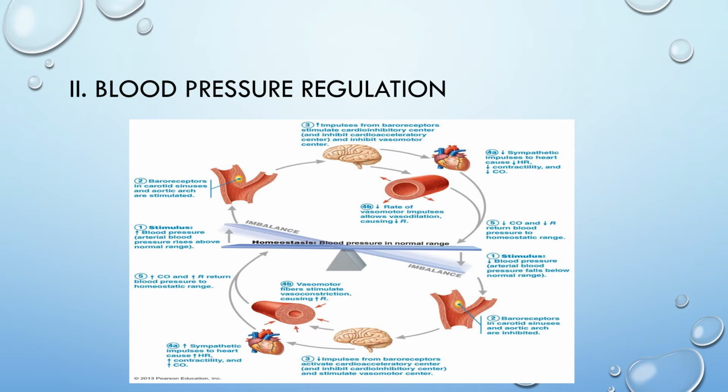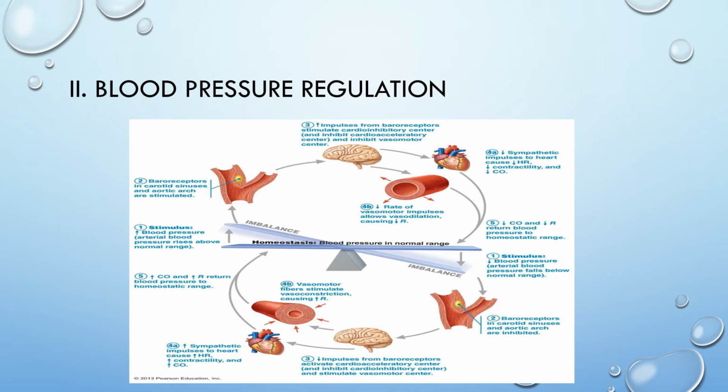vasomotor center. Following stimulation and inhibition of the respective centers, it will lead to a decrease in the sympathetic impulse to the heart, causing a decrease in heart rate, a decrease in contractility, and eventually a decrease in cardiac output. At the same time, it will cause a decrease in the rate of vasomotor impulse to cause vasodilation, causing a decrease in vascular resistance.